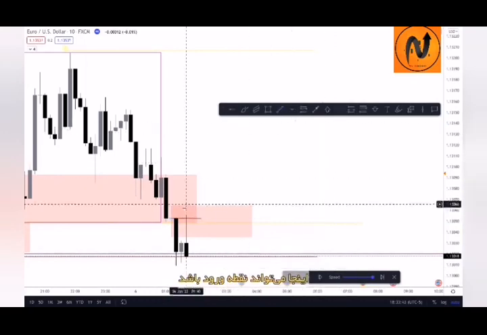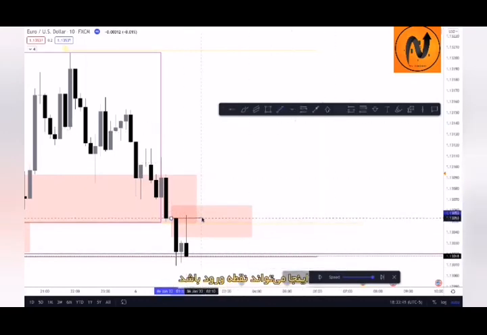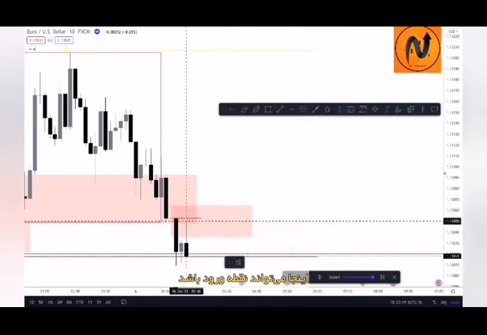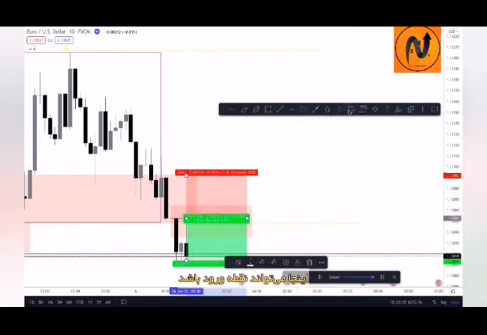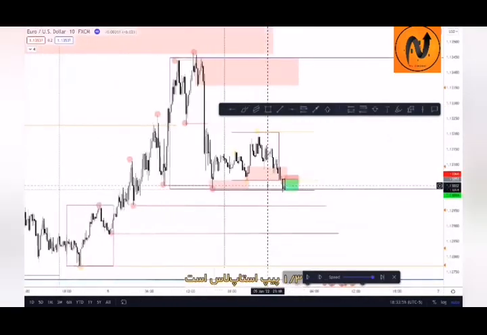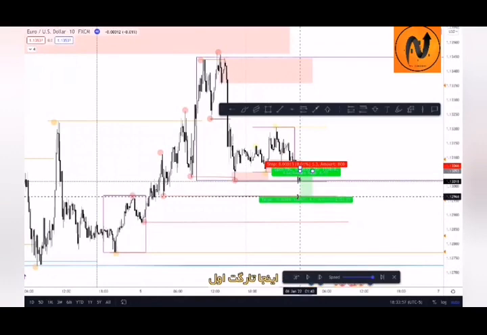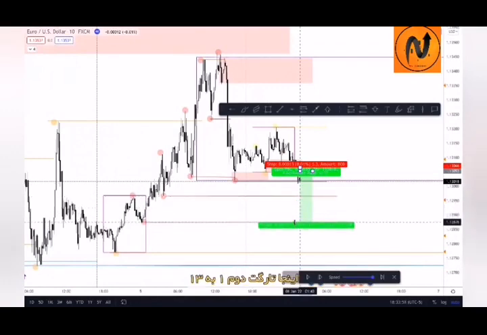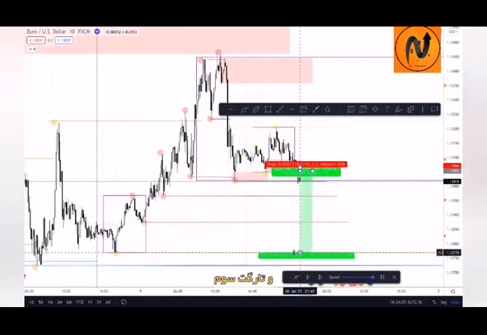That could be an entry. Right here. You can have numerous entries here. 1.3 pips. First target, second target, 1.13, third target.